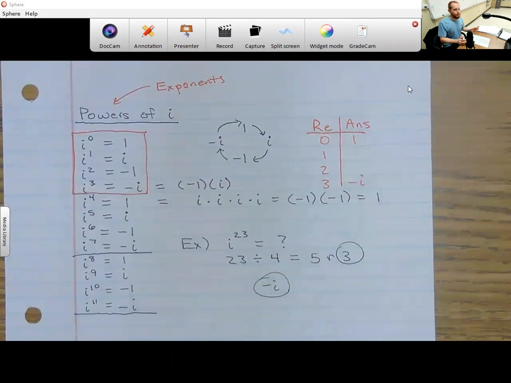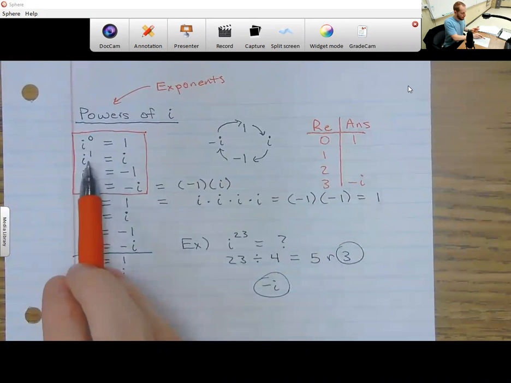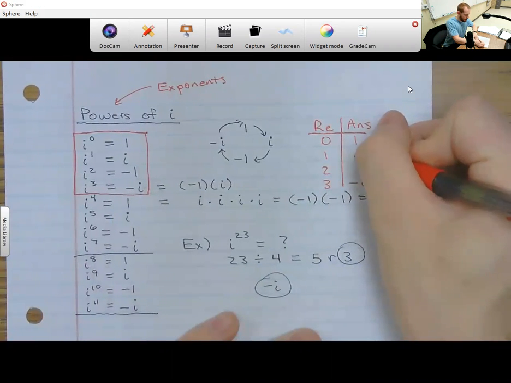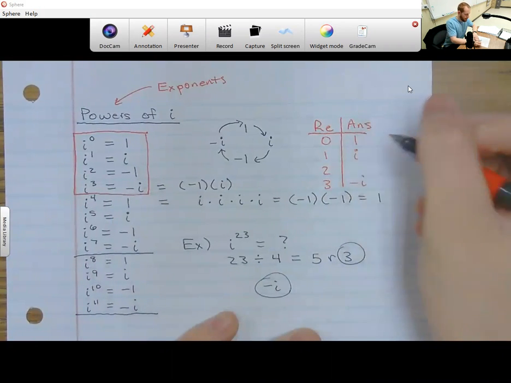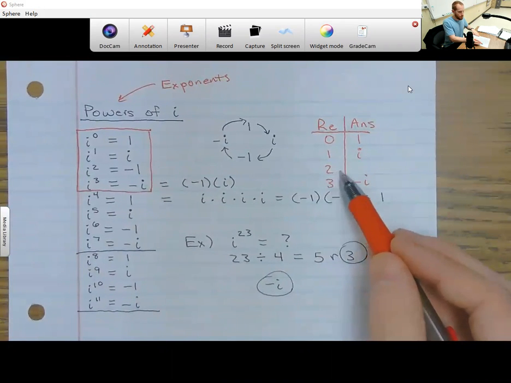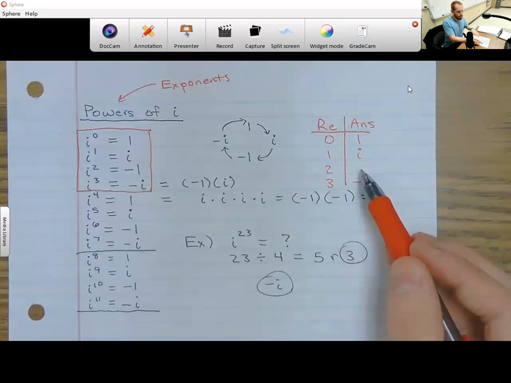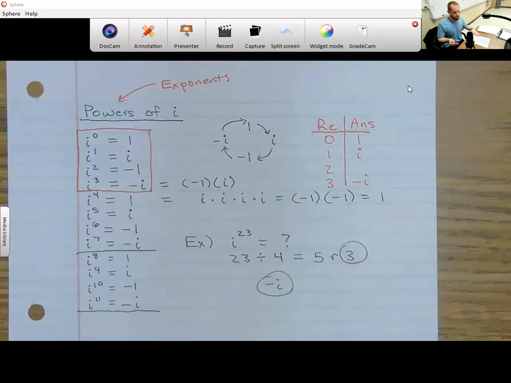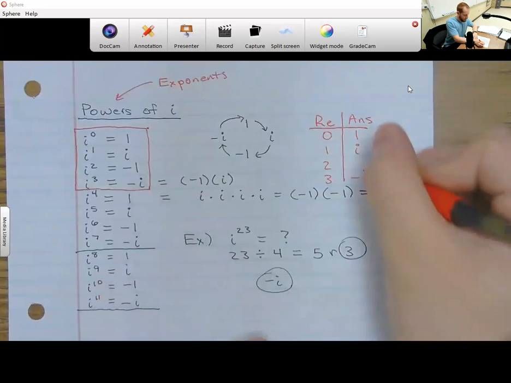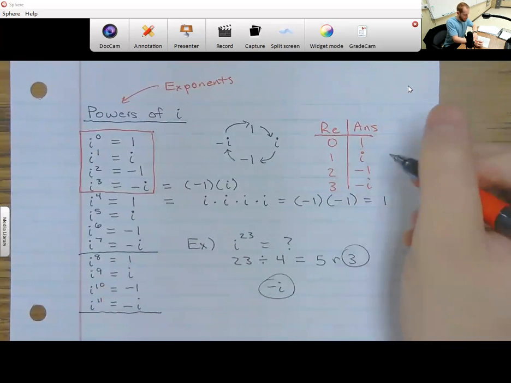Now, what happens if your remainder is 1? Looking at the table, I see that 1 corresponds to i. So my answer is going to be i. If my remainder is 2, what's my answer going to be? It would be -1.